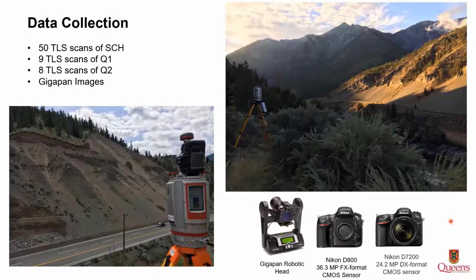At Q1 and Q2, we have 8 and 9 scans respectively, with the baselines of each taken in May and April respectively. So with all laser scanning data sets, we also capture high resolution GigaPan images taken with a DSLR camera and a 135 millimeter telephoto lens.